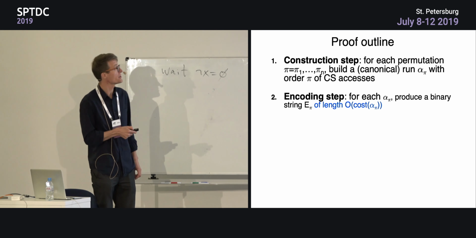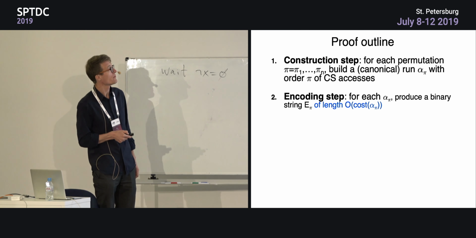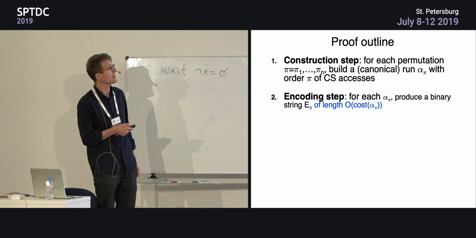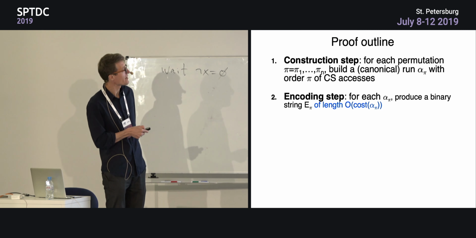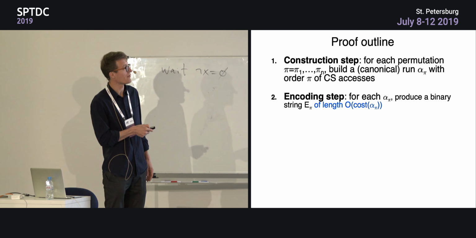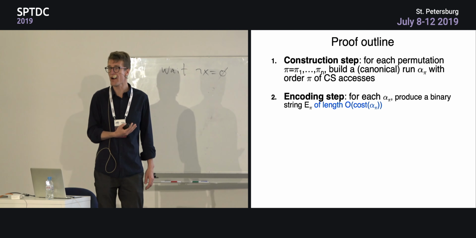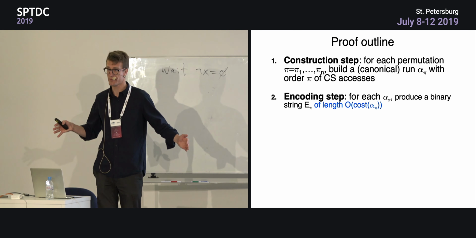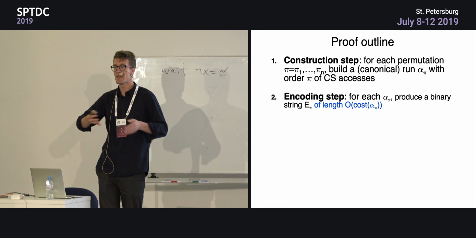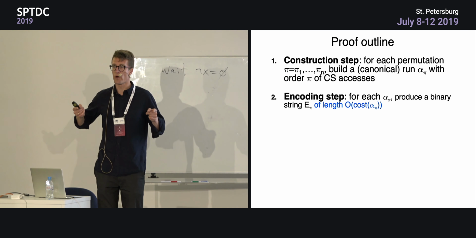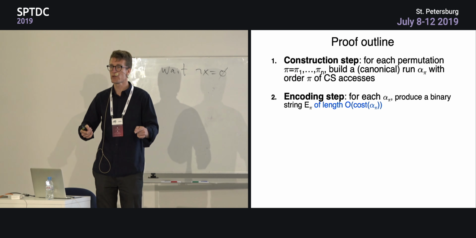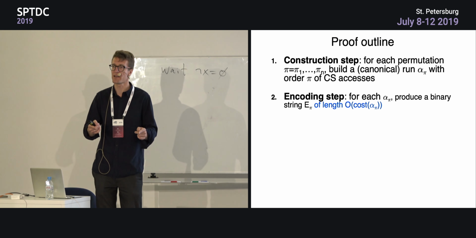So for each alpha pi, we produce a binary string e pi of length, and this is important, bounded by the cost of alpha pi. The cost of alpha pi is the RMR complexity of this particular execution. You count all RMR operations in this execution. The length of the code word which you associate with this execution should not exceed this RMR complexity.